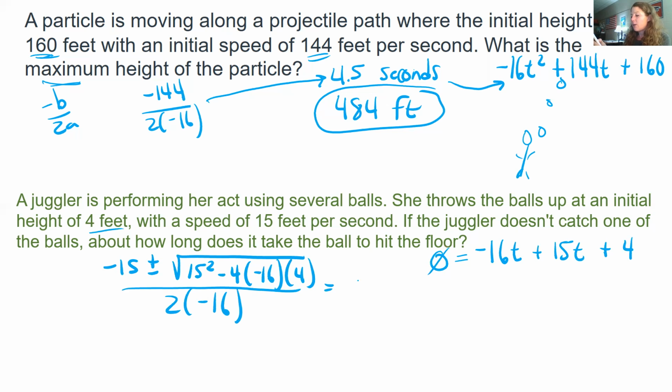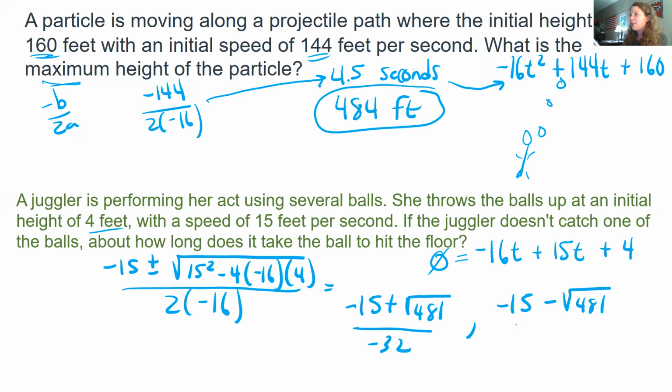And I get 481. It doesn't simplify. So we'll put our two answers in our calculator: negative 15 plus the square root of 481 over negative 32, and negative 15 minus the square root of 481 over negative 32.